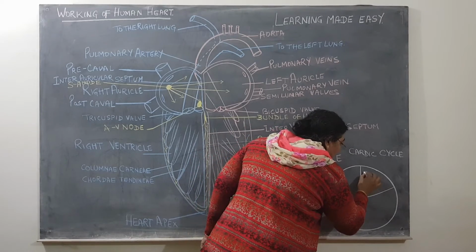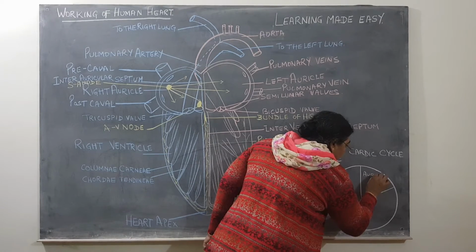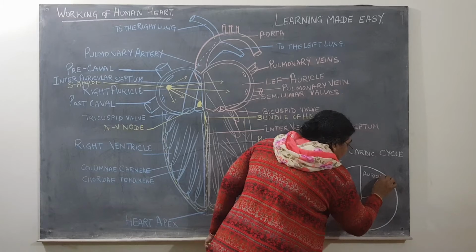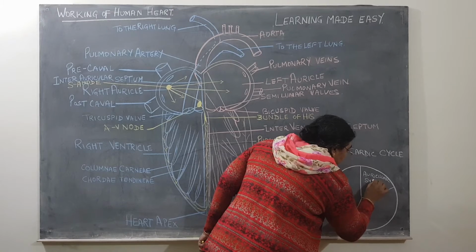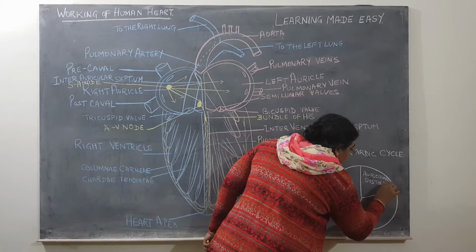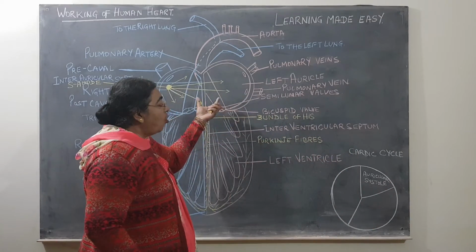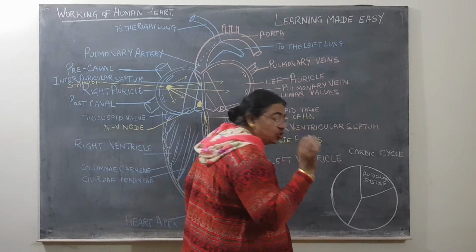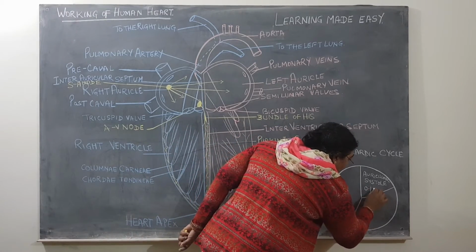This is auricular systole. That means contraction of the auricle. And this is a very short cycle, taking just 0.1 second.